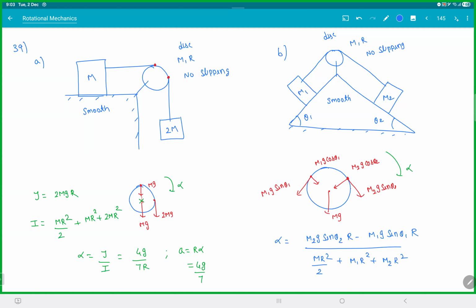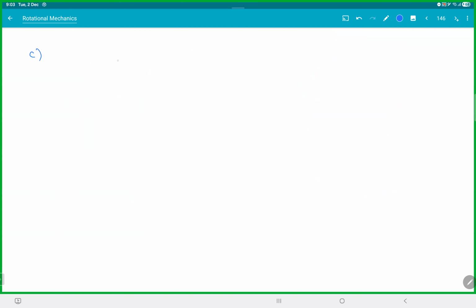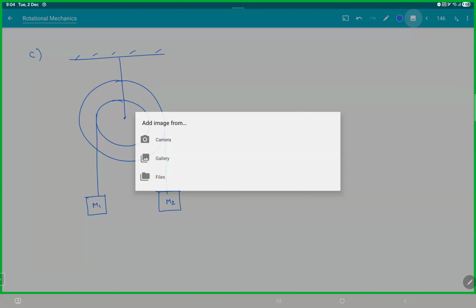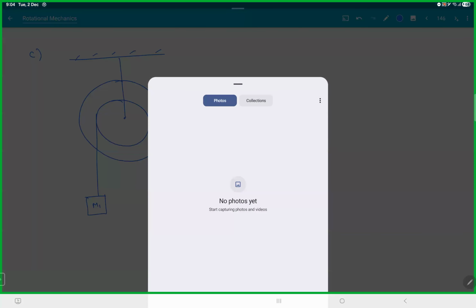Let's see one more like this. What if you have a pulley like this? This is a step pulley. Picture will look like this.